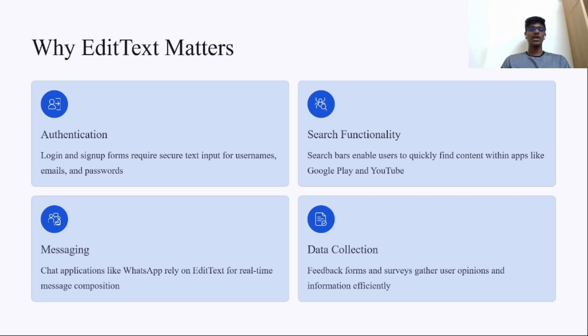For messaging, chat apps like WhatsApp rely on EditText for composing messages in real time. For data collection, feedback forms, surveys, and many apps collect structured input from users using EditText. So without EditText, apps would not be able to interact with users effectively.